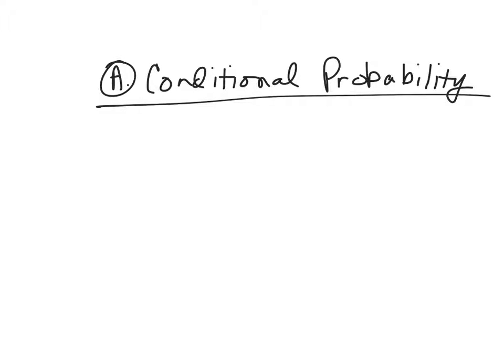And by the way, that is what it sounds like. It means we're looking for the probability of something under some condition that's been given to us. The notation for it goes like this. The probability of one thing, then a vertical bar, then another thing. What does that mean?